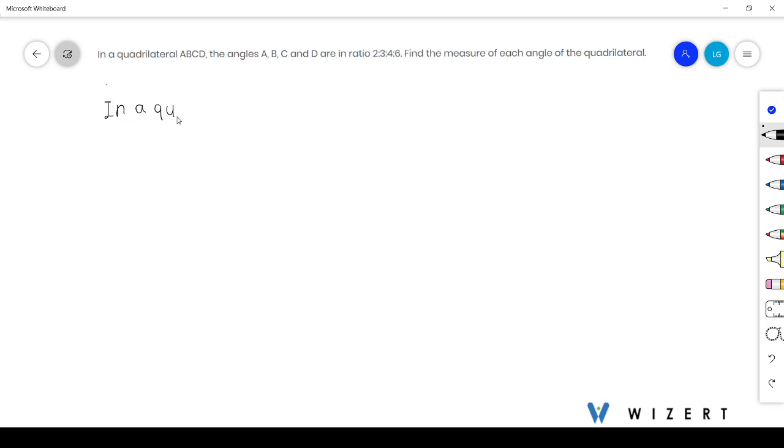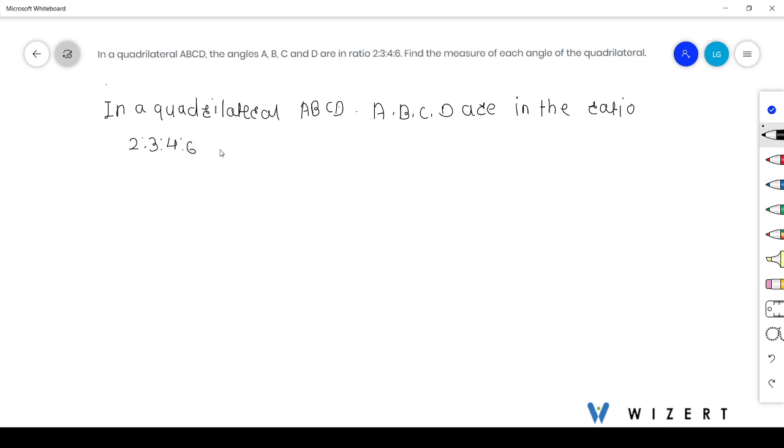Here, in quadrilateral ABCD, A, B, C and D are in the ratio 2:3:4:6.